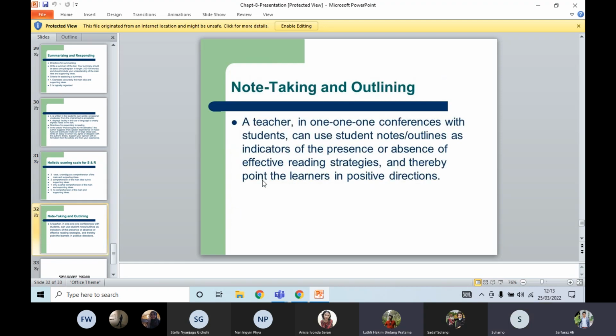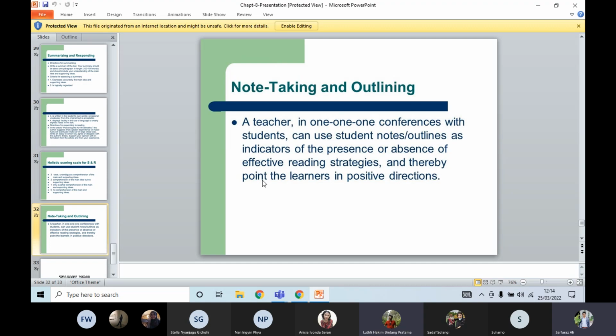And lastly, the last part of the chapter was about note taking and outlining. You might have been doing this in your classes. A number of teachers, face to face or in conferences, direct students to write down notes or outlines as indicators of the presence or absence of effective reading strategies, and thereby point the learners in positive directions.